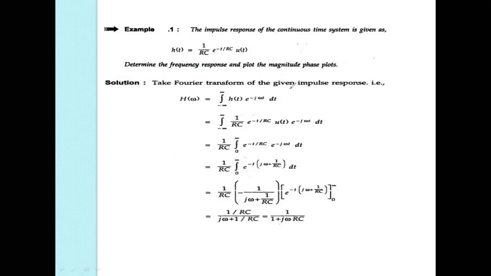Take the Fourier transformation of the given impulse response. H of t gives H of omega, that is the integral from minus infinity to infinity of h of t e power minus j omega t dt. Given h of t, you can substitute here: 1 by RC e power minus t by RC u of t e power minus j omega t dt, as per the definition of the Fourier transform.